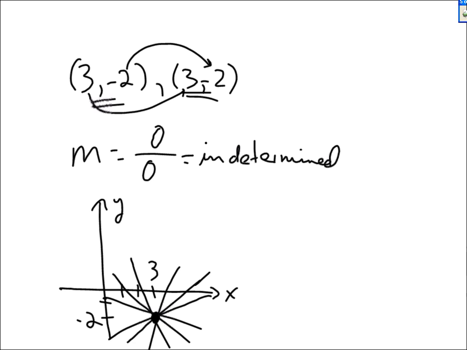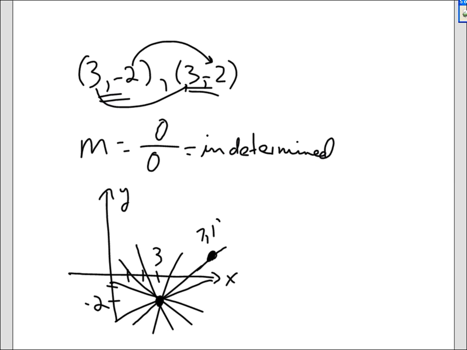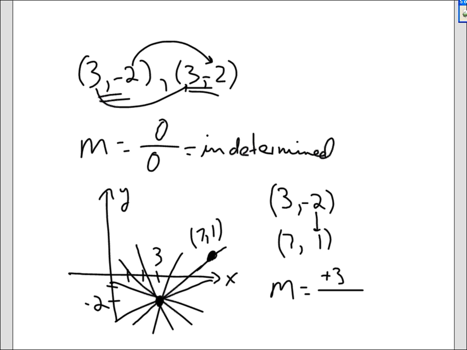If you give me a second point, if you give me this point, 7, 1, well then I can determine it. If 1 point is 3, negative 2, and the other point is 7, 1, I can determine the slope. If you go from negative 2 to 1, negative 1, 0, 1, you went up 3.